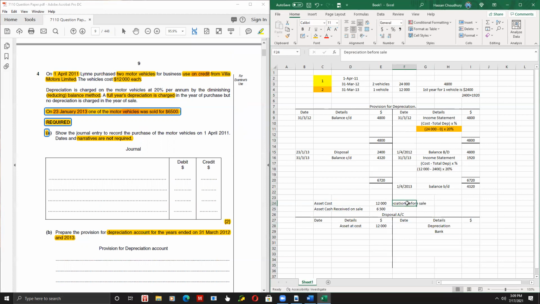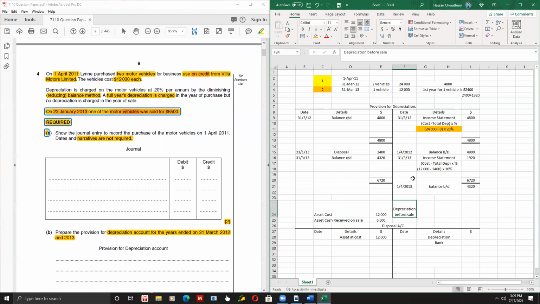On year one, when you had that depreciation, it was how much? This over here. So this is the first year's depreciation before you sold that. That was 2,400. So here, depreciation is 2,400. Bank is 6,500.